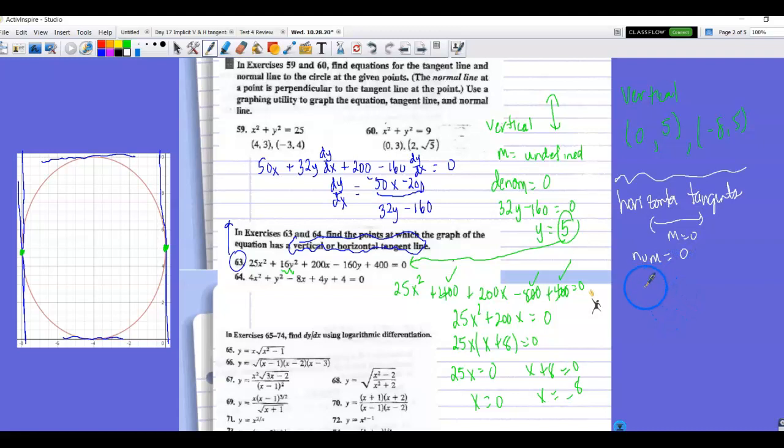From my slope generator, that gives me negative 50x minus 200 equals 0. I'm going to add 200 to both sides and divide by negative 50, and 200 divided by negative 50 gives me negative 4. So I have an x value of negative 4.